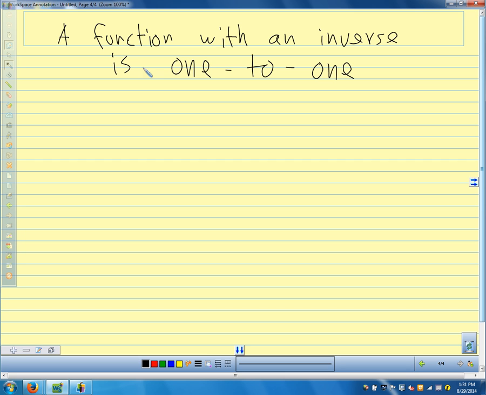That's how you tell if it's 1-to-1. Does it have an inverse? If the function is 1-to-1, that means we have no repeats in x or y. So if we have a table of values or we're looking at a graph, no x's repeat and no y's repeat.